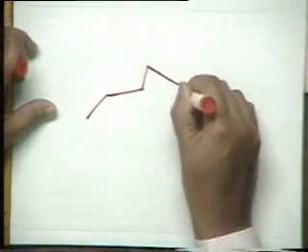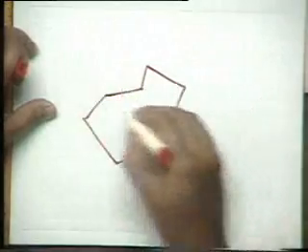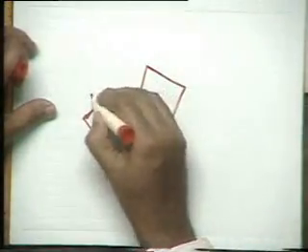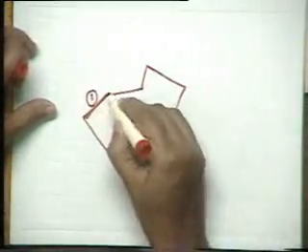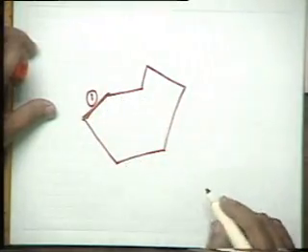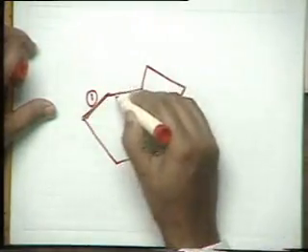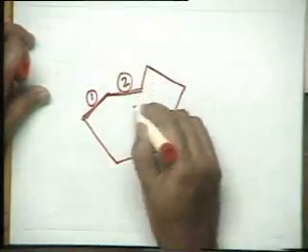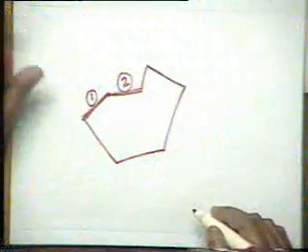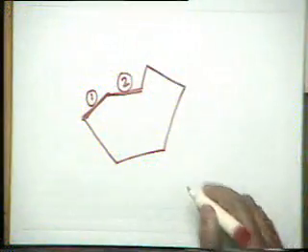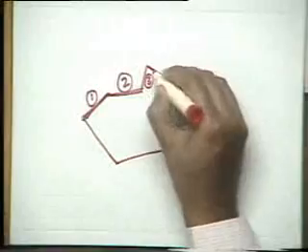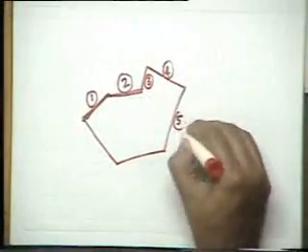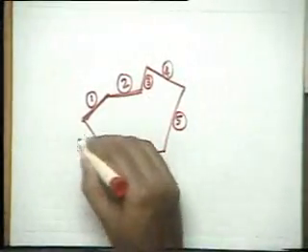Supposing the boundary of an object is of this nature, it may be formed by link number 1 consisting of several edge pixels. This is link number 2, because the edge direction has changed. This is link number 3, link number 4, link number 5, 6, 7.